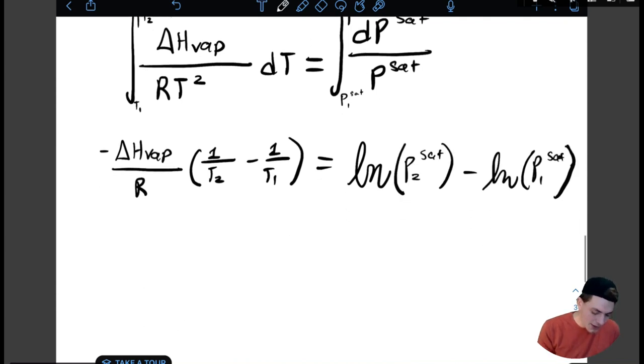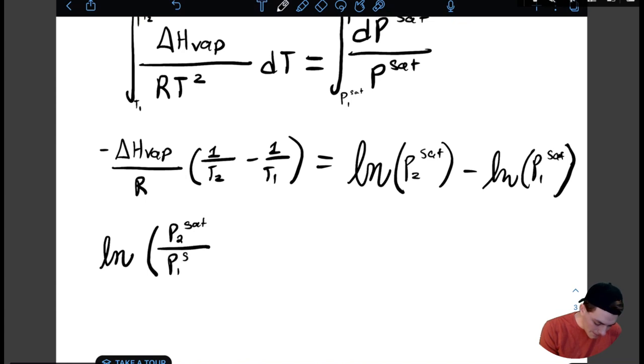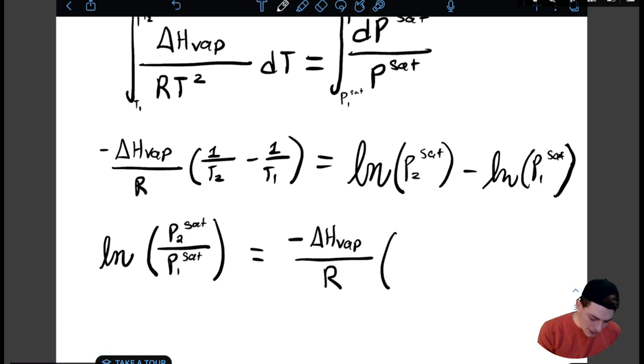And of course we can use our log rules. I'm going to flip the sides of the equation as well, as this is how it's generally written in textbooks. Times 1 over T2 minus 1 over T1. And there you have it.